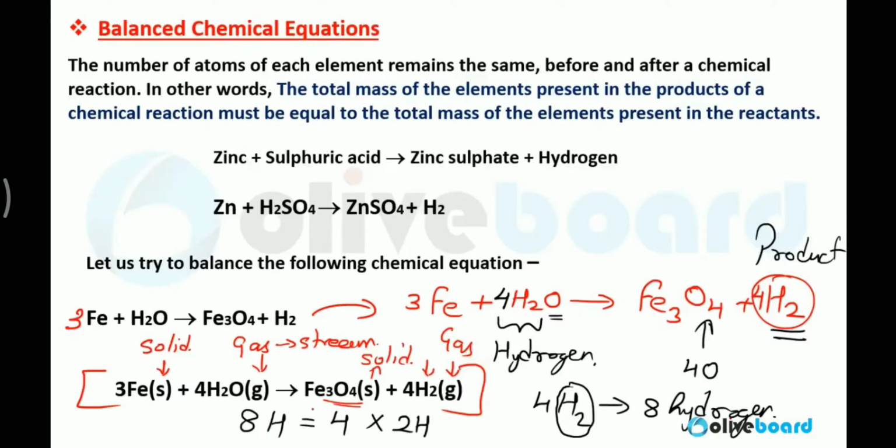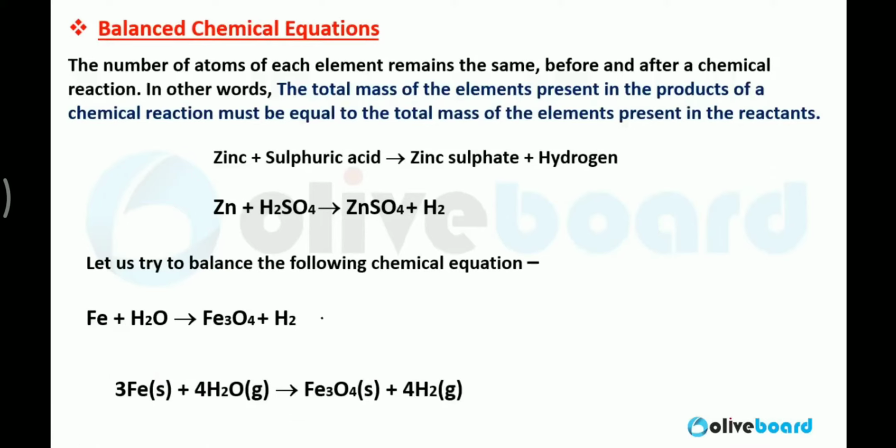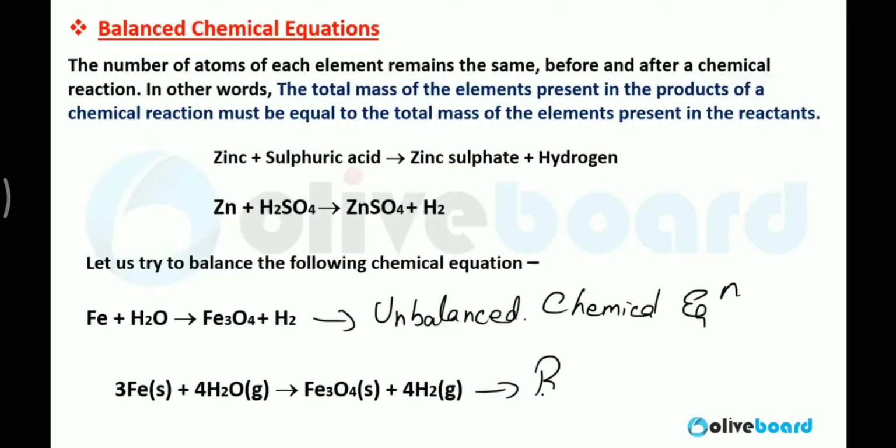Whatever symbol you get in the bracket, like L, represents that the substance is in liquid state. Clear? And S is for solid state, and G is for gaseous state. So this is the unbalanced chemical equation, and this is the balanced chemical equation.